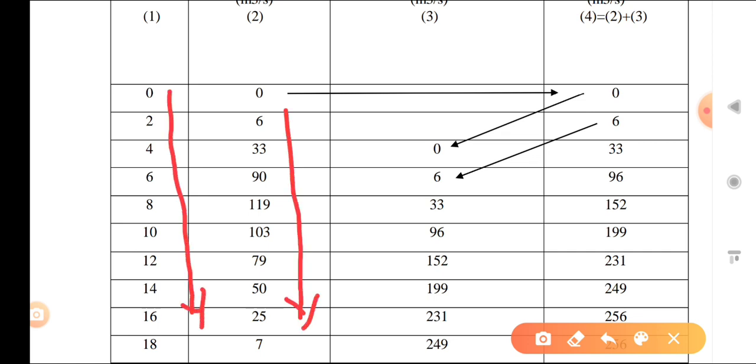But we have seen that S naught is equal to U naught, so 0 goes here. Now a very important thing: where will that 0 go? In both previous questions the 0 went just immediately below, but here it will not go there. Why?